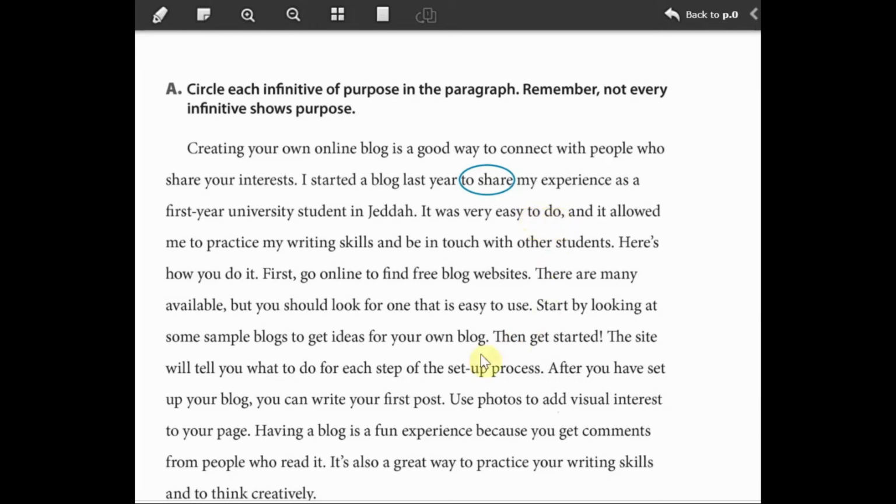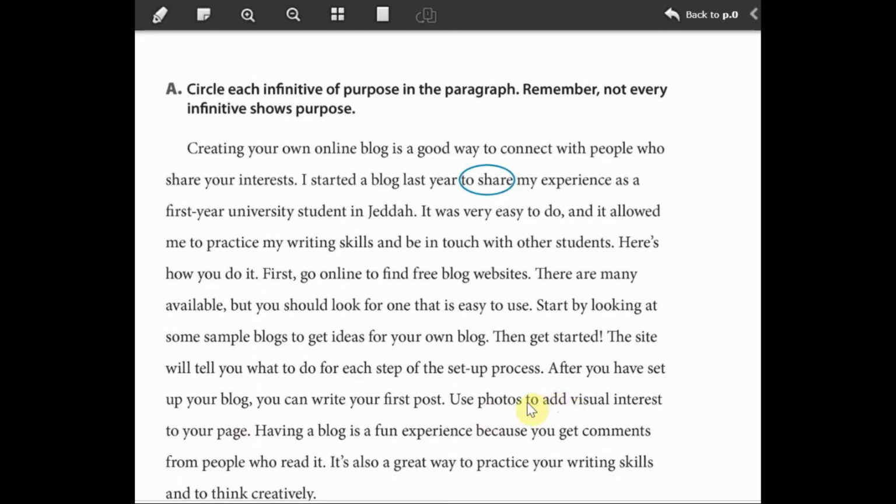Let's look for some more. Okay, we have one here. Use photos to add visual interest to your page. To add. It's an infinitive, no doubt, because it has to plus add, which is a base form verb. To add is an infinitive.